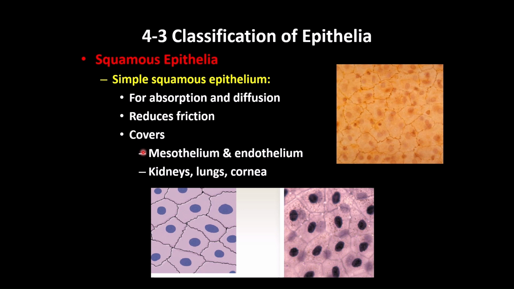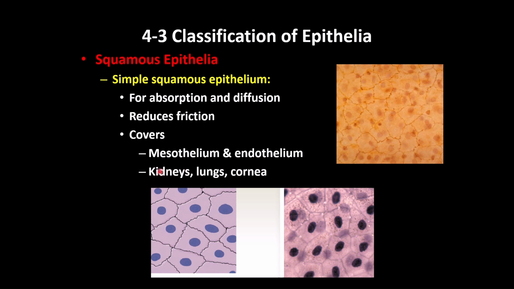There are also other body cavities, but they are covered by a different type of cells, so they are not called mesothelium. Another example is endothelium. Endothelium is covering the blood vessels and also the inner layer of the heart.